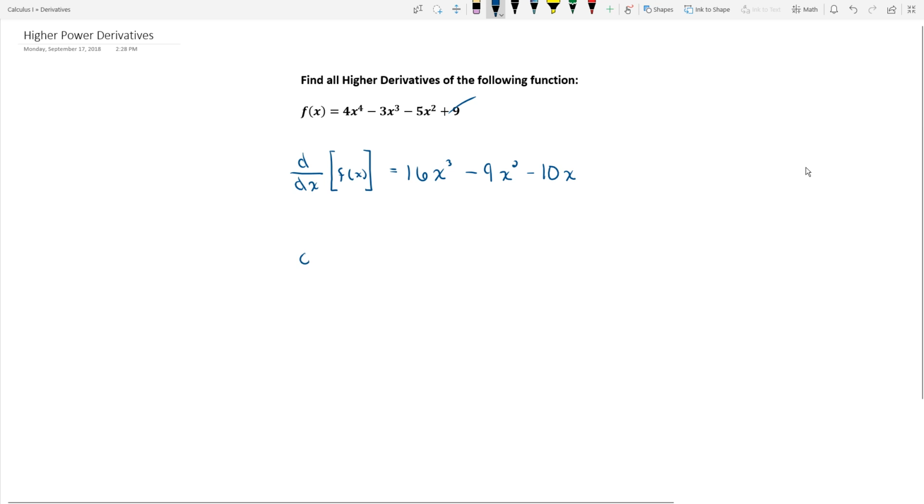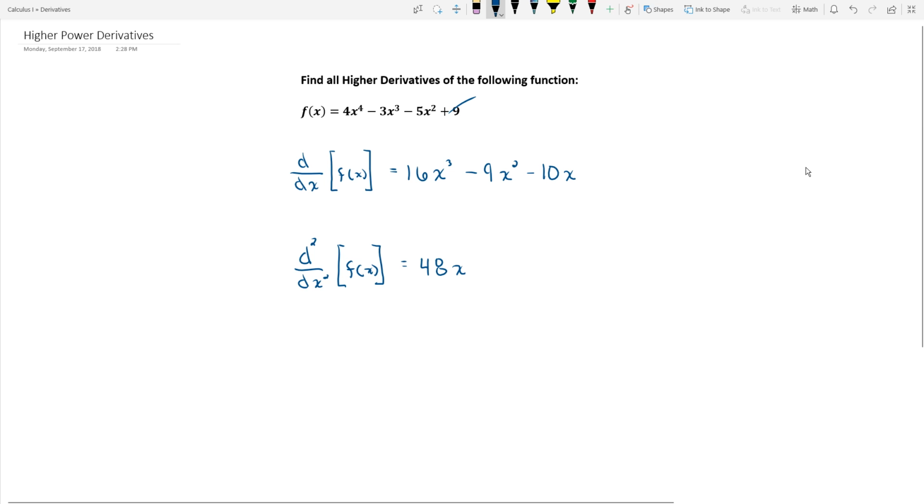So the next one is going to be the second derivative, d squared with respect to x squared, of the function f of x. And then here we're going to take 16 times 3. So we end up with 48 times x. And then you can see the powers start reducing as well.